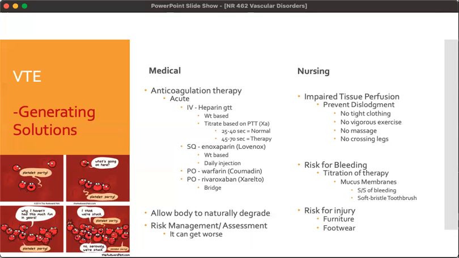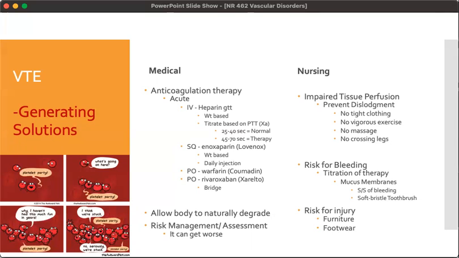Those 3 letters, INR, stand for International Normalized Ratio. For people not on Coumadin, the normal range is 1 to 2. Therapeutic on Coumadin is 2 to 3. Supratherapeutic is greater than 3. So we're looking for that 2 to 3 range typically for patients on Coumadin.